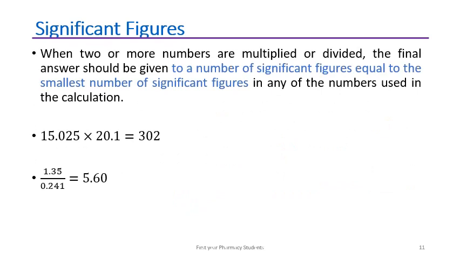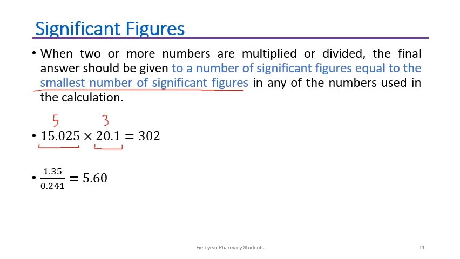When 2 or more numbers are multiplied or divided, the final answer should be given to the number of significant figures equal to the smallest number of significant figures in any of the numbers used in the calculation. For example, if we multiply 15.025 times 20.1, the answer will be 302. The first number, 15.025, has 5 significant digits, and the second number, 20.1, has 3 significant digits.